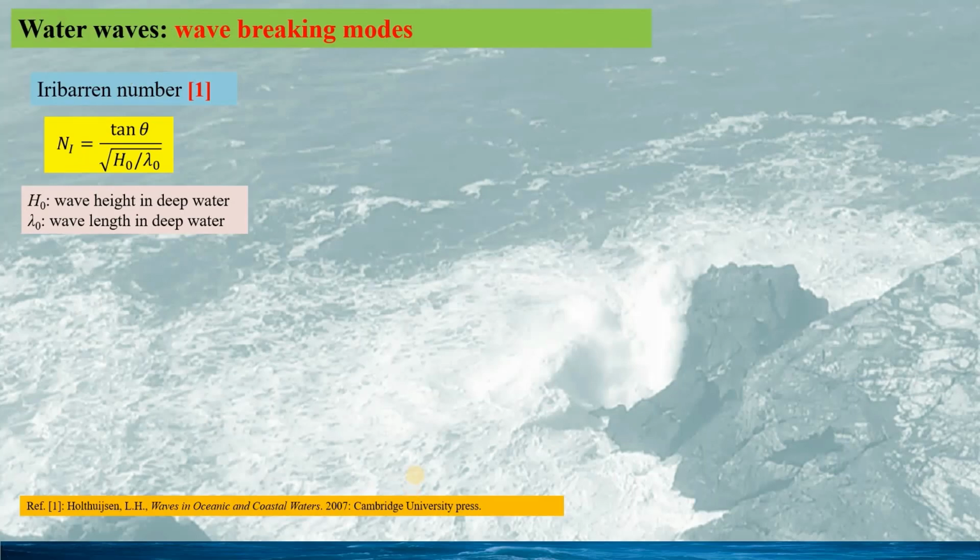In this slide, we will examine the wave breaking modes. In reality, wave breaking is a very complicated process, and so far, numerical modeling and physical modeling are difficult. Here, we follow some simple principles to look at wave breaking in shallower waters or on beaches.